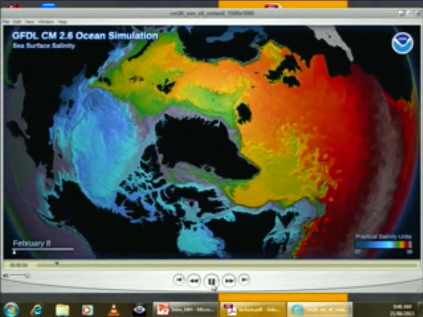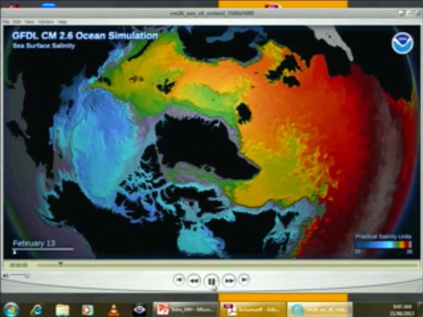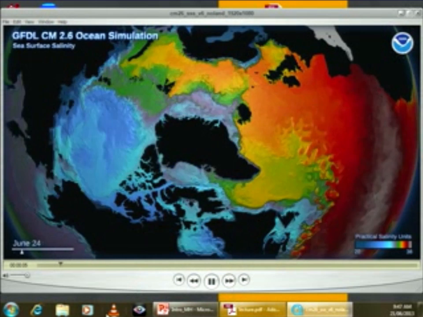Do we have VLC on this computer? Yeah, open it with VLC. I've got VLC. There it is.